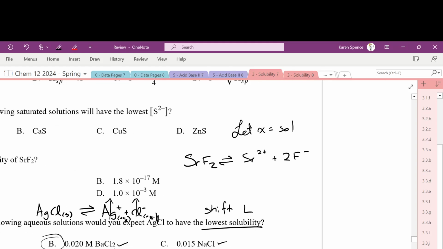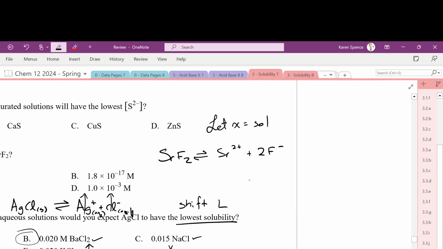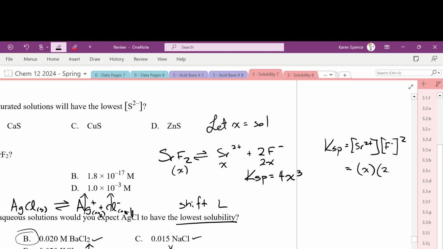This is a 1 to 2 salt, so because this is multiple choice, you can just say Ksp is equal to 4x cubed. If you're not comfortable with that, you can say, okay, let this be x, this is x, and this is 2x, and then I can say Ksp is equal to strontium times fluoride squared, and that's equal to x times 2x squared, and that's where we get the 4x cubed from.